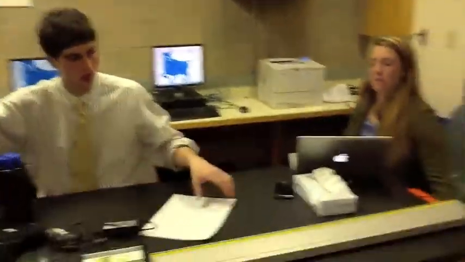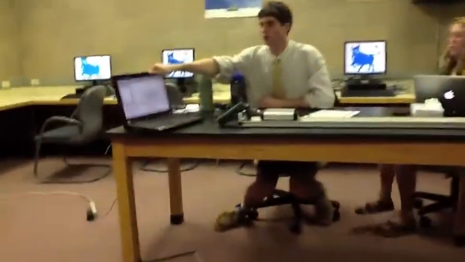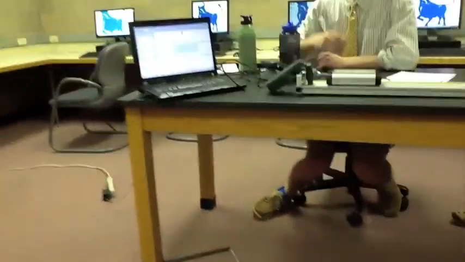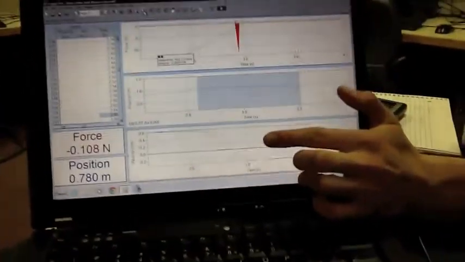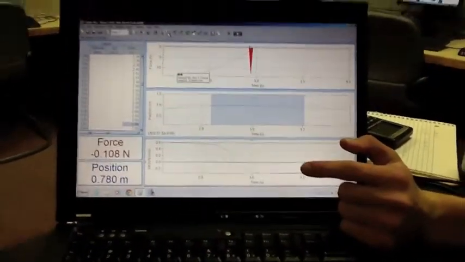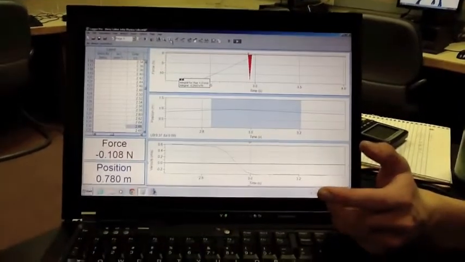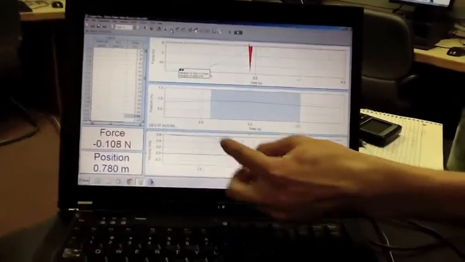So if we want to find the average acceleration, we can look back at this velocity graph, and acceleration is the derivative of velocity, or it's the slope of the line on a velocity graph.